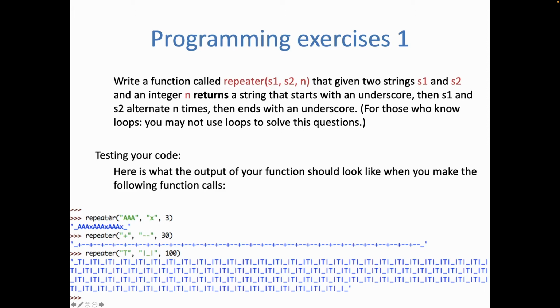Here are some sample test cases. Here the output is an underscore, then s1, s2, s1, s2, s1, s2. This part repeats 3 times because n is 3 here, and then the string is ended with another underscore.